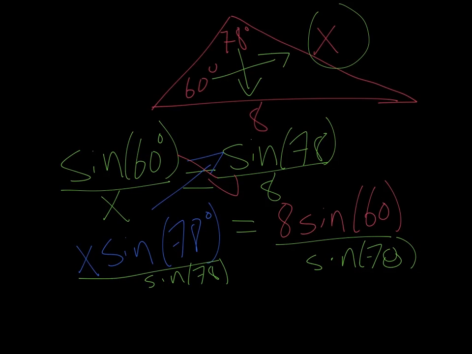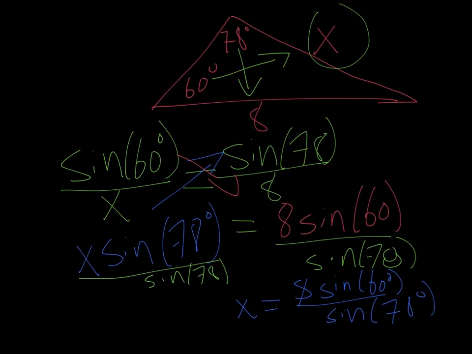And then x has to be equal to 8 times the sine of 60 degrees divided by the sine of 78 degrees. Which, if we run this into our calculator, we get roughly that x has to be equal to 7.08 units.